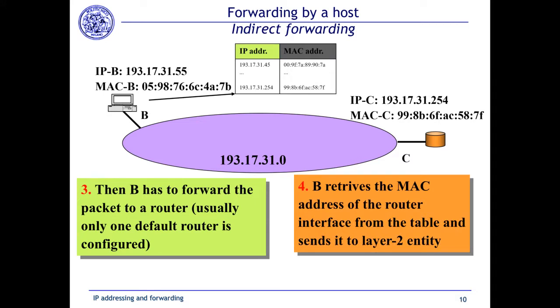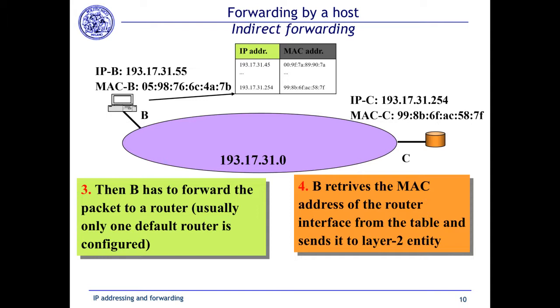So B needs to retrieve the MAC address of the interface of C, and therefore it will use again the same ARP table, this time looking for the entry corresponding to the IP address of the interface of C, which is the gateway interface.